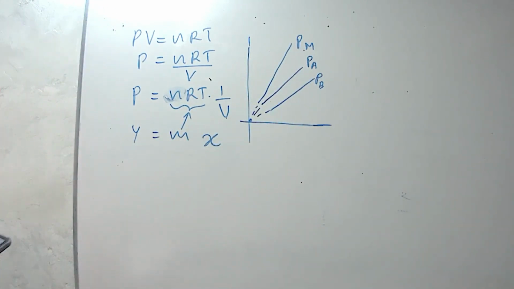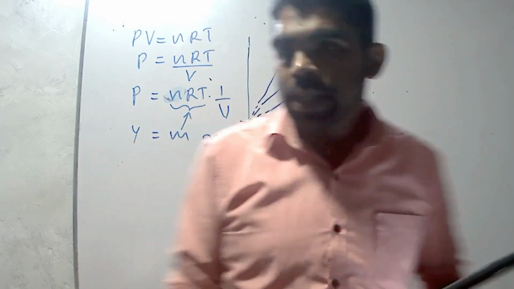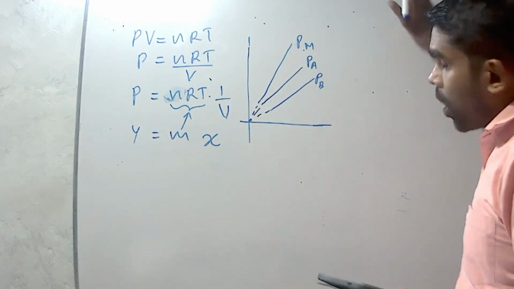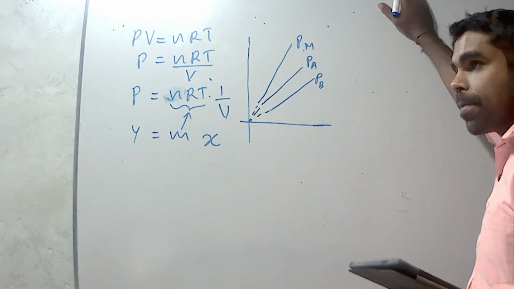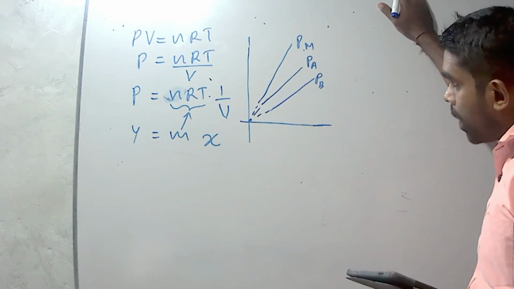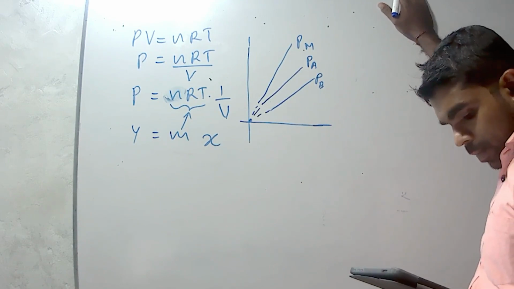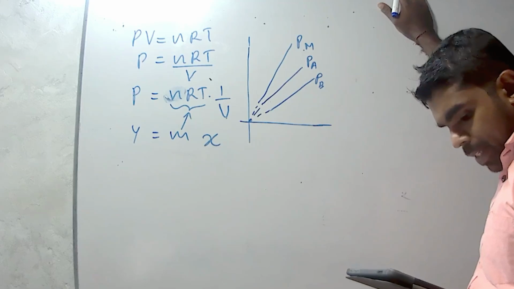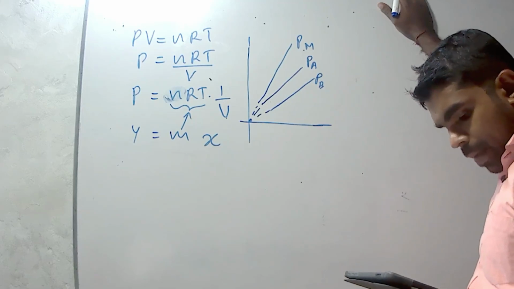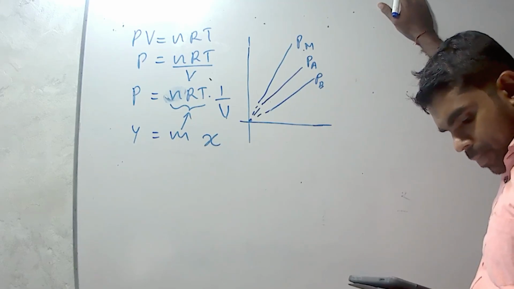But there is no answer with the y equals mx type, because we know that it is partial pressure, PA and PB.